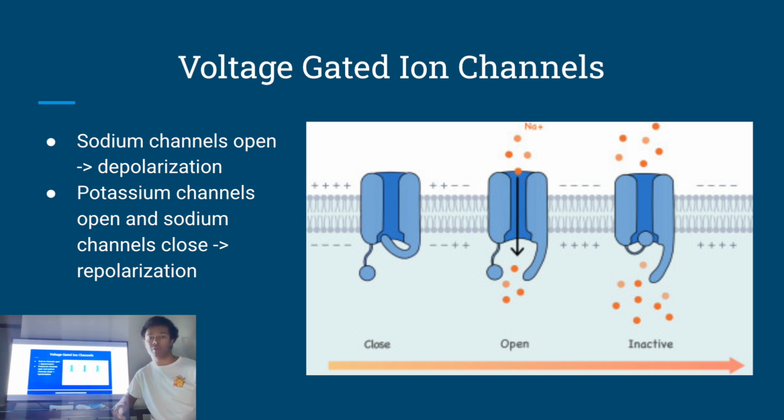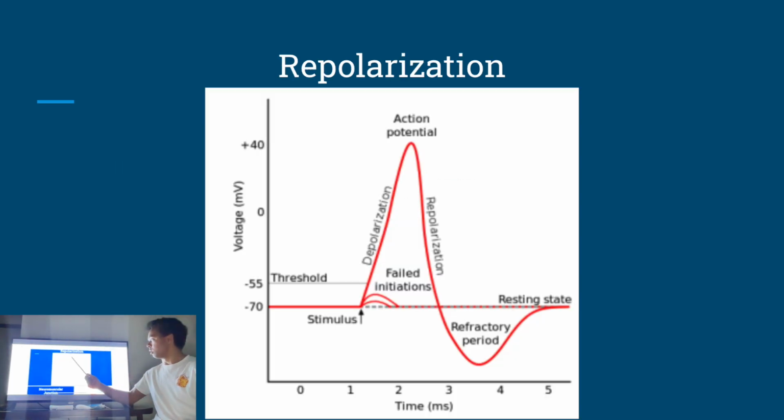Since potassium is also positive, this will create a flow of positive ions out of the cell and reverse this depolarization, which will cause, as you can see here, this drop from the action potential.